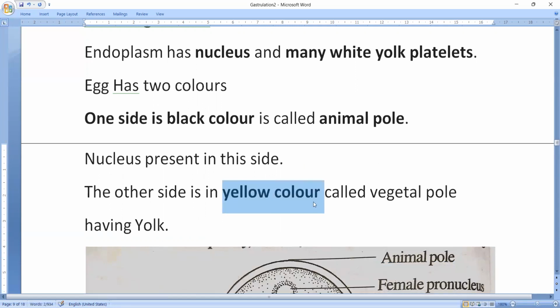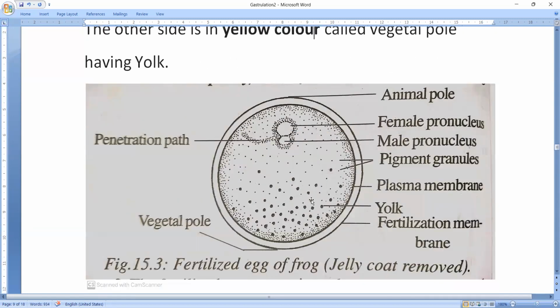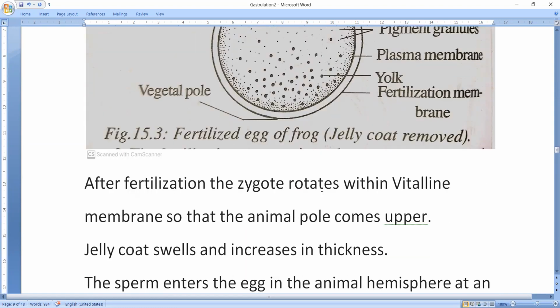It is called vegetal pole, or the yolk side. ఎటువైపు అయితే యోక్ ఎక్కువ సెంట్రలైజ్ అయి ఉంటుందో, that is vegetal pole, దానికి ఆపోజిట్ యానిమల్ పోల్.